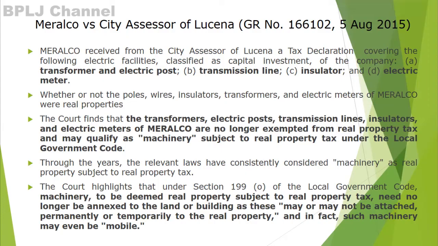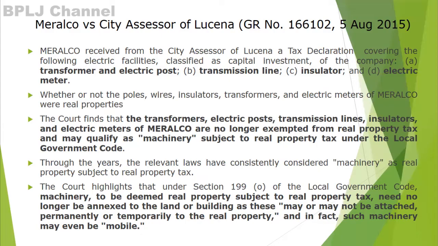So the Supreme Court said, machinery to be deemed real property subject to real property tax need no longer be annexed to the land or building, as these may or may not be attached permanently or temporarily to the real property. And in fact, such machinery may even be mobile.